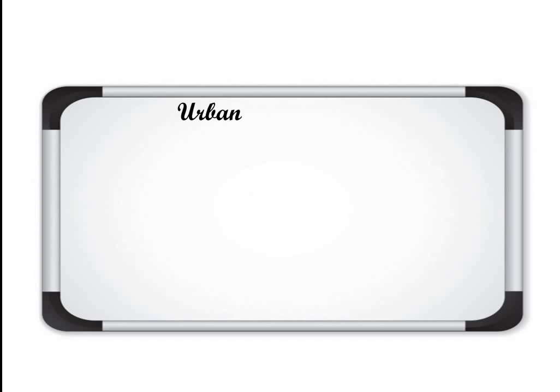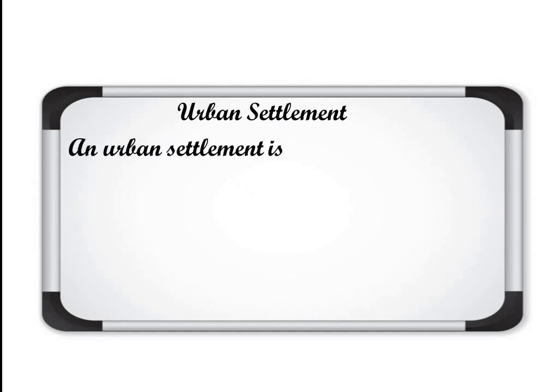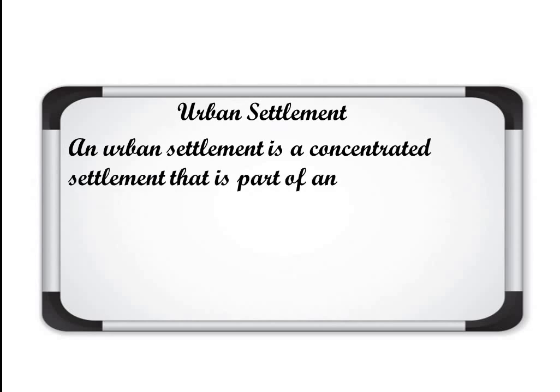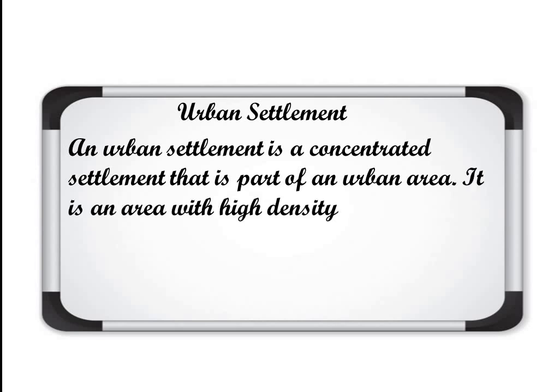Next is urban settlement. An urban settlement is a concentrated settlement that is part of an urban area. It is an area with a high density of human-created structures. As we know, there are cities and towns; the smaller centered areas are known as towns, and the larger centered areas are known as cities.